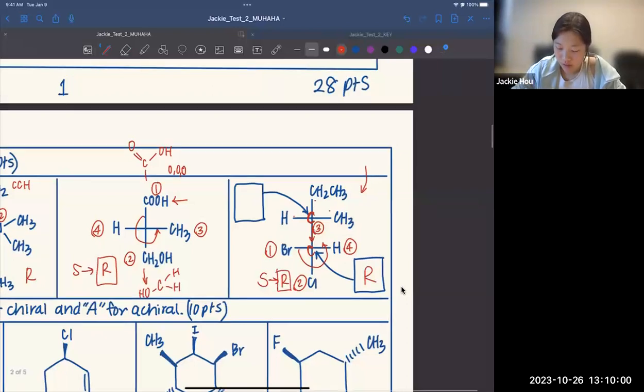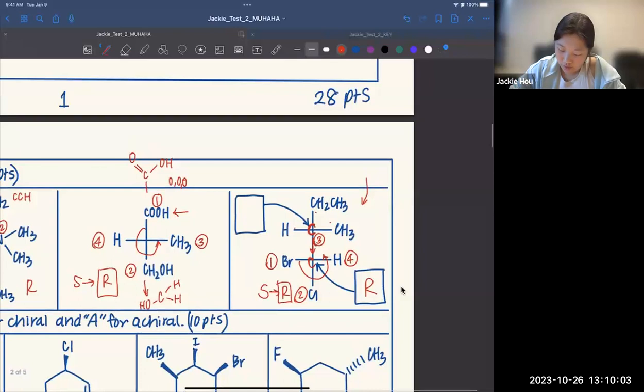And then for this carbon over here, we see that this carbon with attachments to all the halogens is actually going to be our first priority, right? Because compared to the ethyl group, which is attached to a carbon, hydrogen, hydrogen, and the methyl group, which is just hydrogen, hydrogen, hydrogen, this carbon is attached to a bromine, chlorine, and hydrogen, which is much larger.